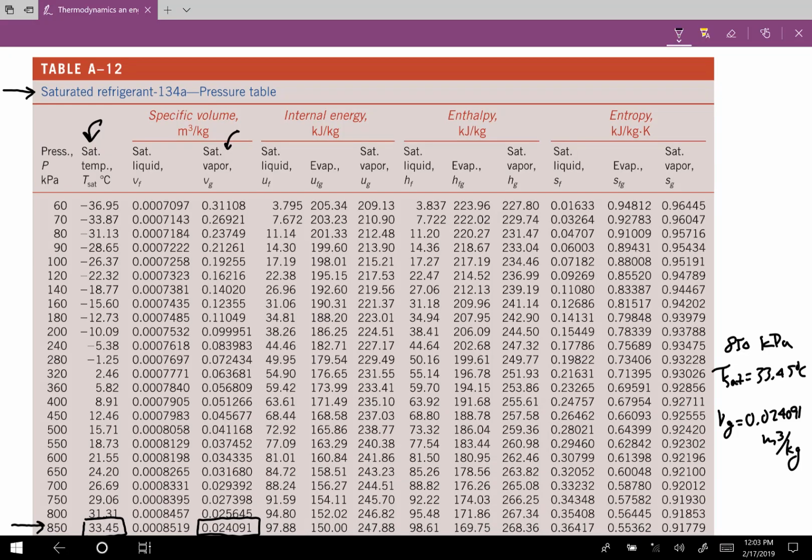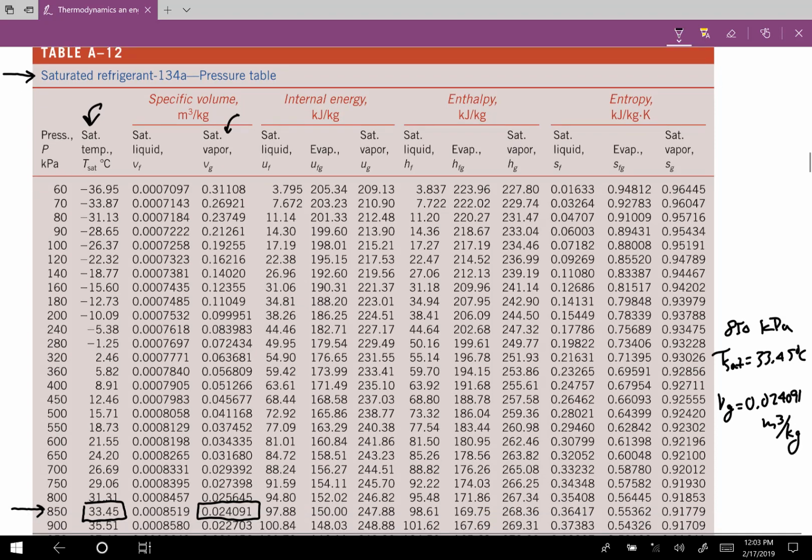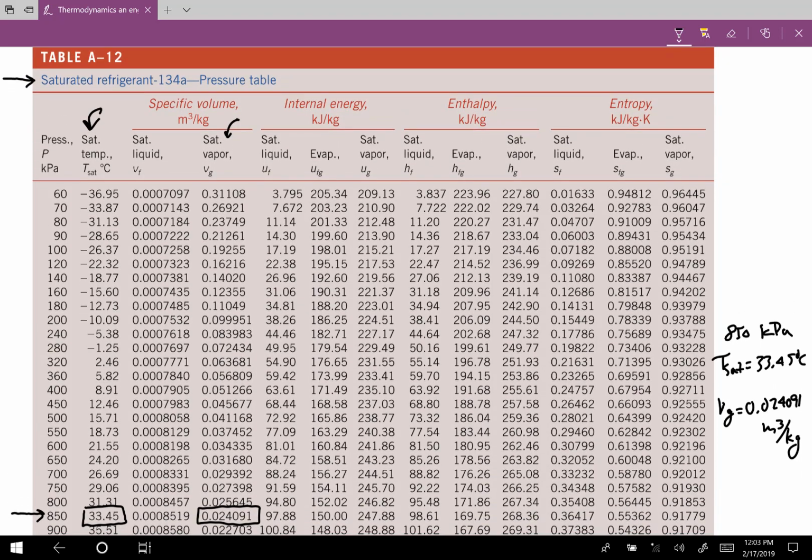Looking at the pressure table for saturated refrigerant 134A, at 600 kilopascals, Tsat is 21.55 degrees Celsius. Our given temperature is 90 degrees Celsius, which is greater than Tsat, so we have a superheated vapor.